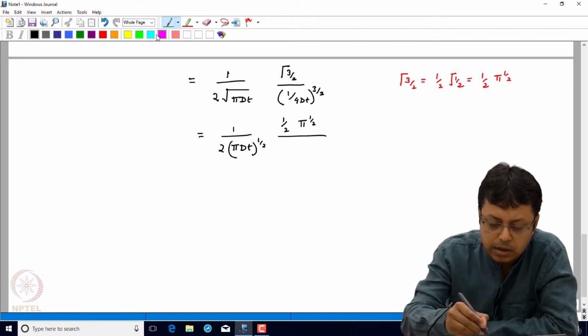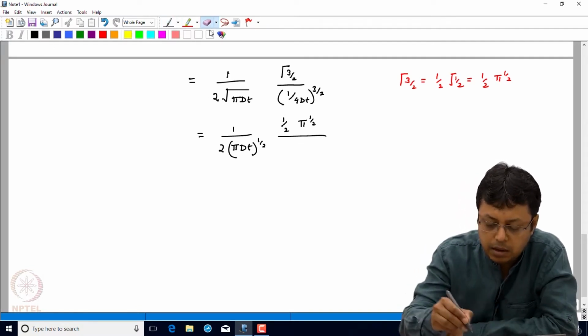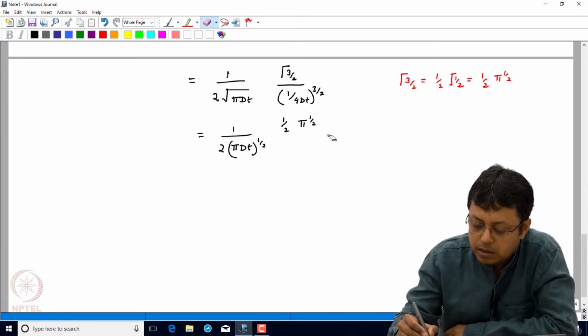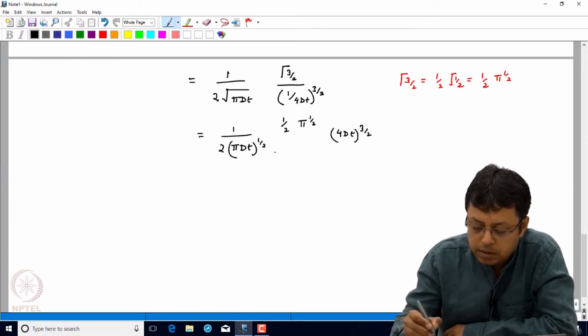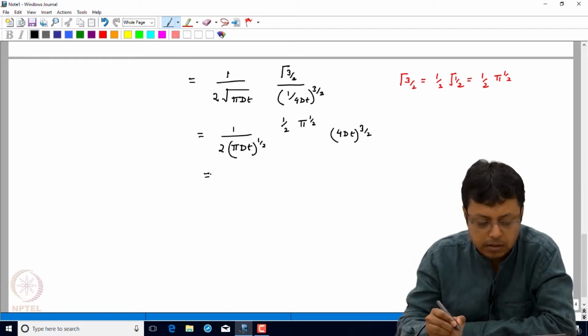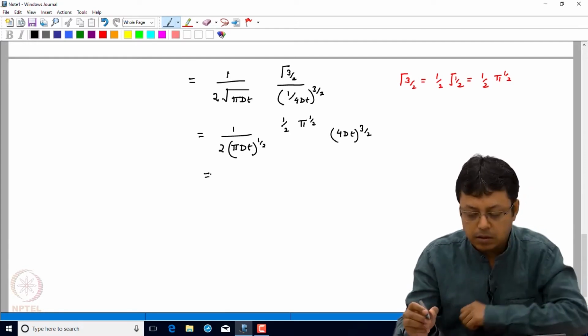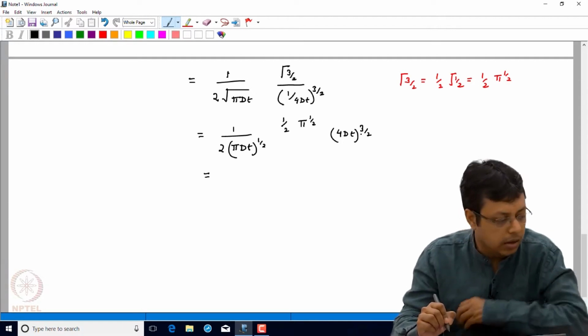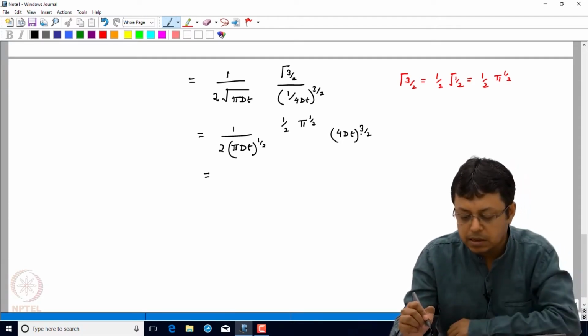So I can actually take it up, so I'll have 4 dt to the power 3 by 2. Now as you can see, I have 4 to the power 3 by 2 and 2, so that will basically cancel out.